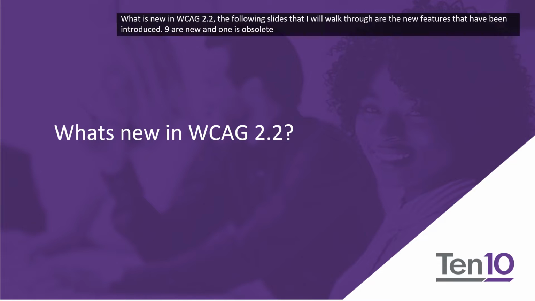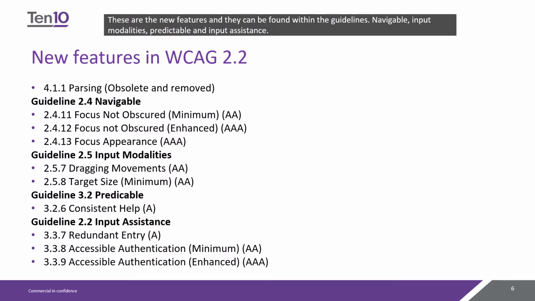So what's new in WCAG 2.2? These slides that I'm about to go through are the new features that have been introduced for these new guidelines. One is obsolete, and the following 9 are new features to the guidelines. These are the new features and they can be found in the different types of guidelines.